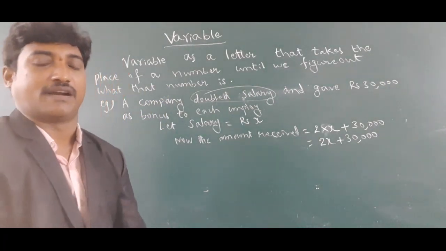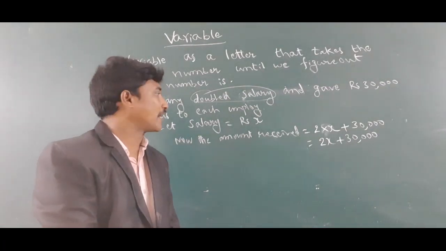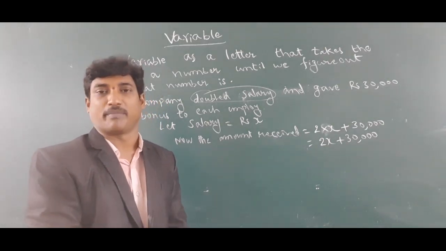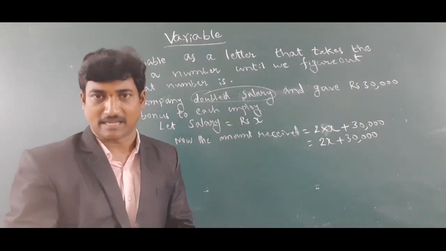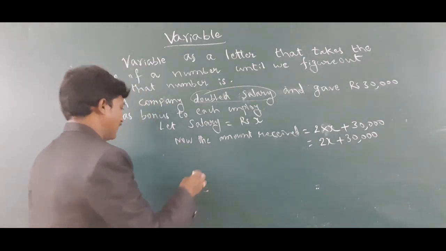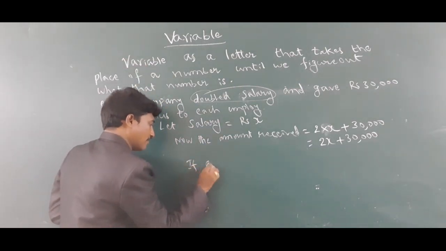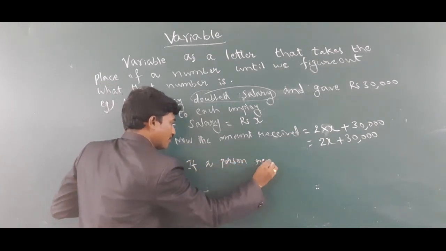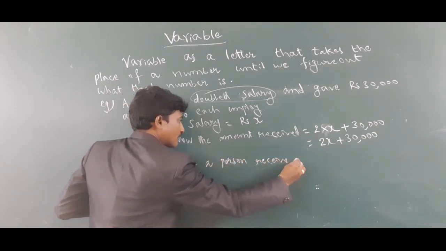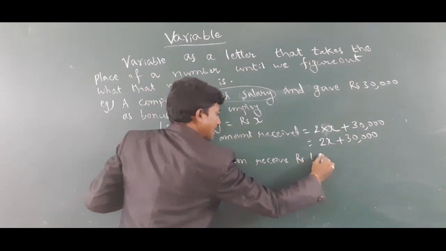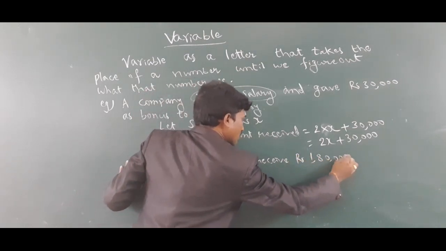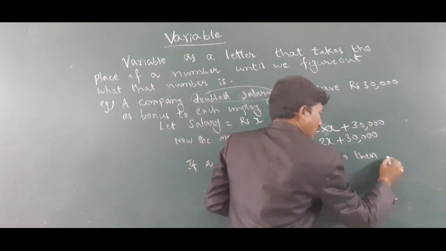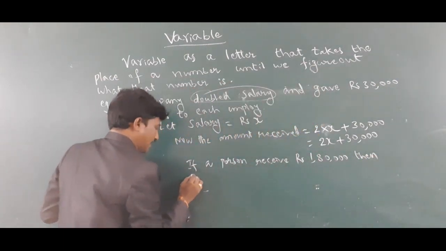Let us calculate: if a person received 1,80,000 rupees at the end of that month, what is his original salary?